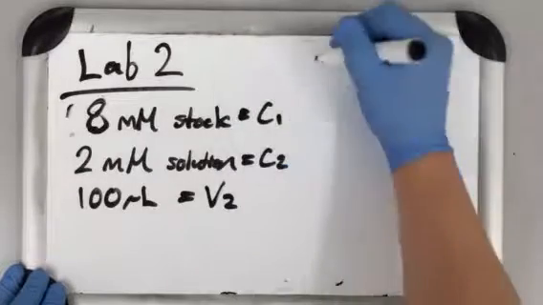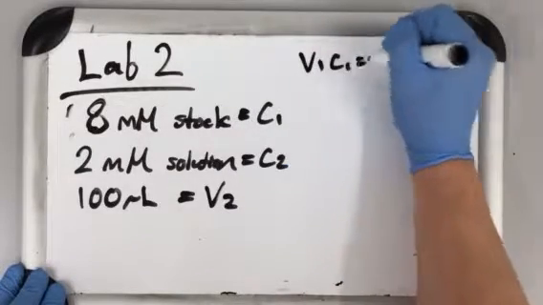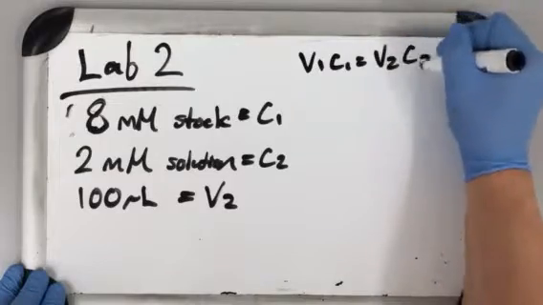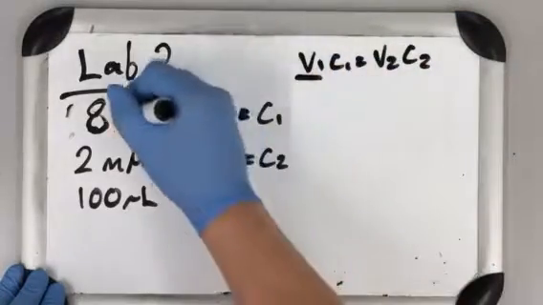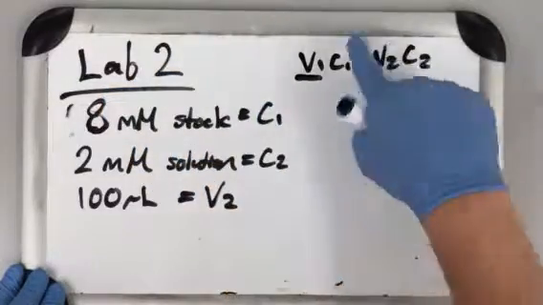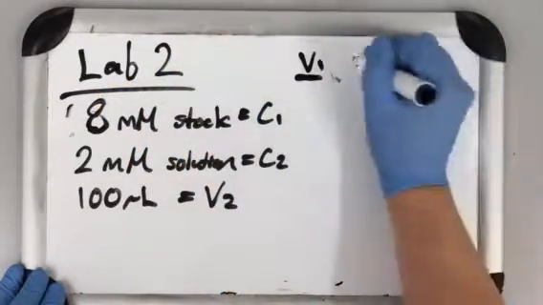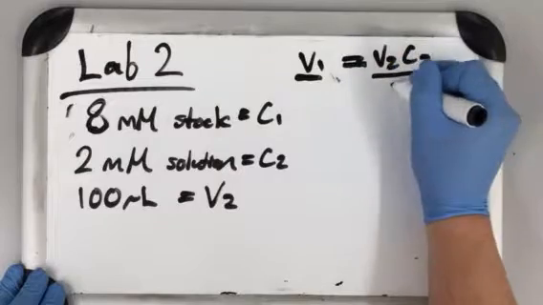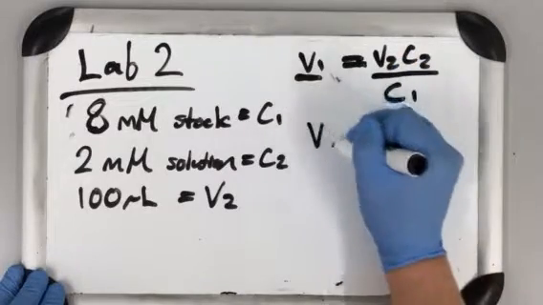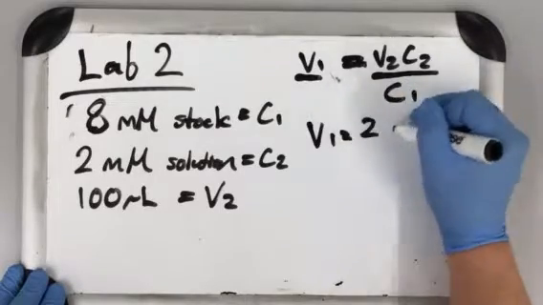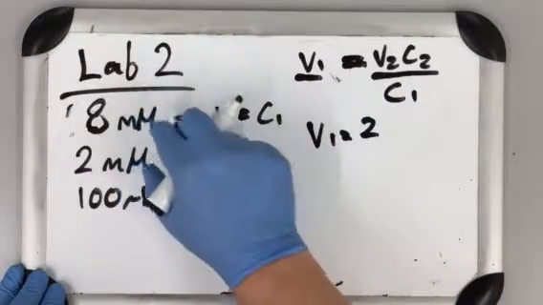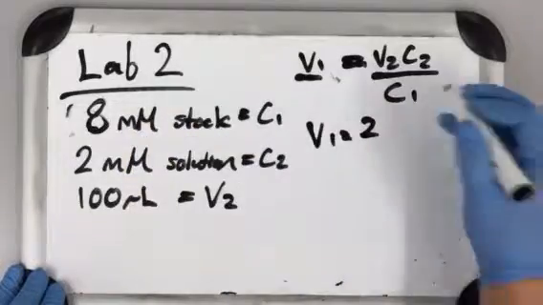Okay, so we have elements of the V1, C1 equals V2, C2. We're going to try and get after volume 1. We need to know how much of this stock to take. So we can do the algebra, move our C1 down here. V1 is going to equal 2. And remember, these have to be in the same numeric value, so they're both in millimolar.